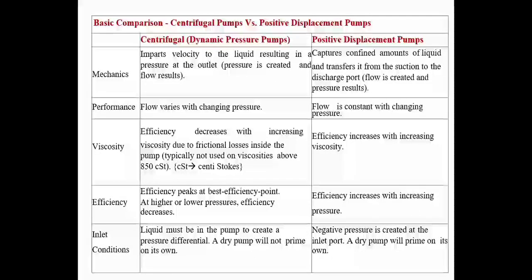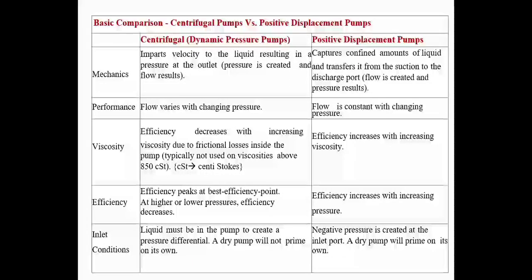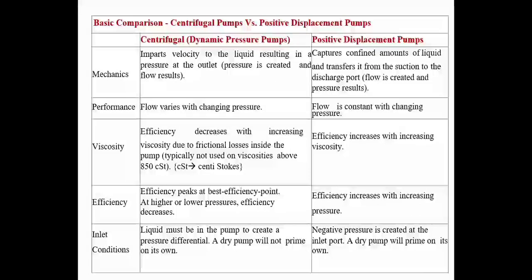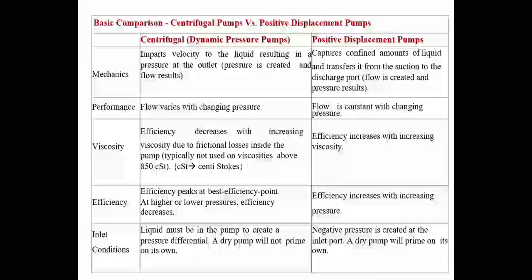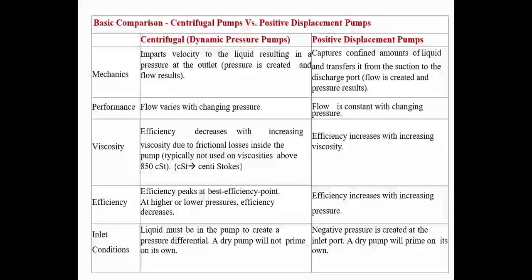And regarding viscosity, the efficiency decreases with increasing viscosity in the case of a centrifugal pump, because there will be friction losses. In the case of a positive displacement pump, the efficiency increases with increasing viscosity, because we use the pressure of the liquid to make the flow. So if the viscosity of the liquid is high, then the pressure will be high and it will result in high efficiency.